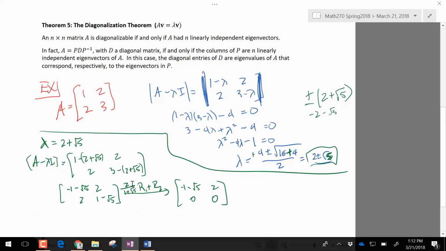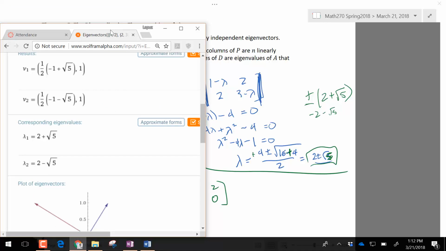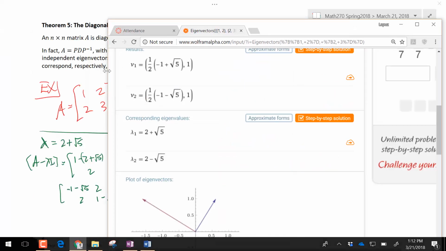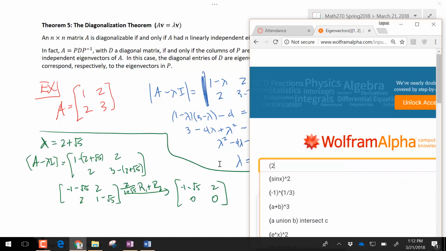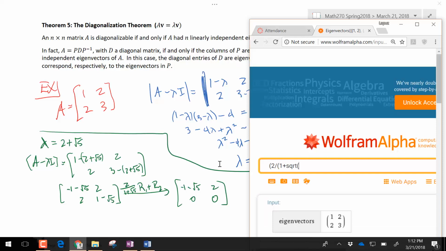What I'd like to check is 2 plus 1 plus root 5, multiplied by 2, then added to this, to see if it comes out the way it's supposed to. So this is just, again, some algebra. We got 2 divided by 1 plus square root of 5.